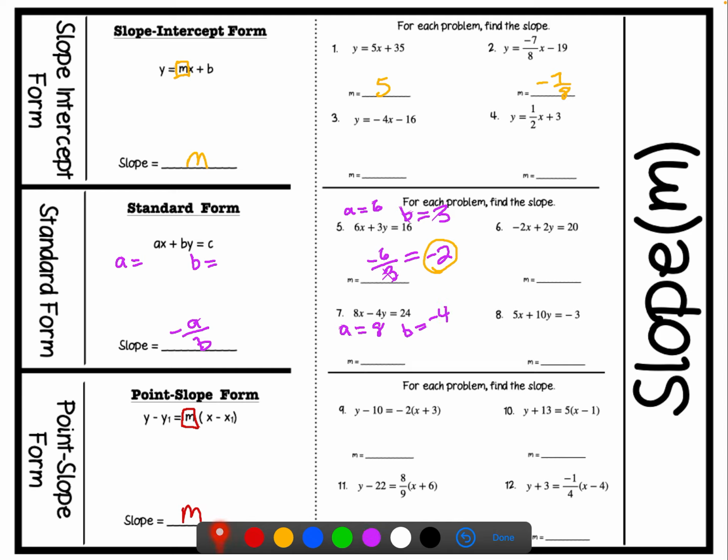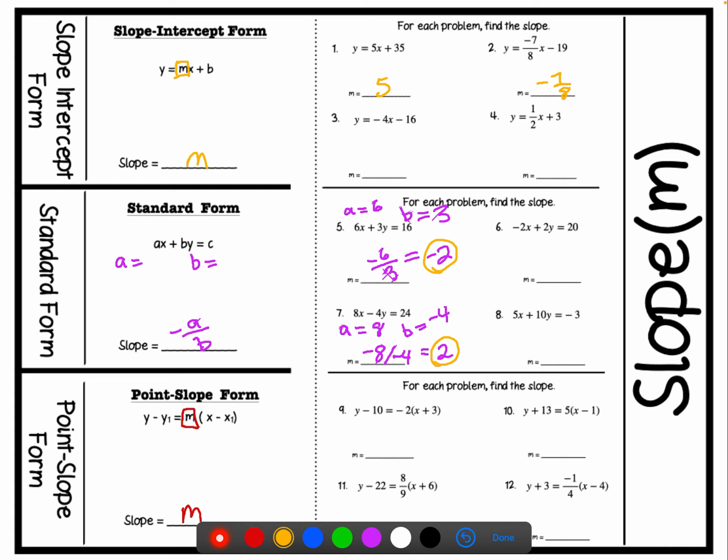And then we plug it into this formula, negative a divided by b. Since a is positive 8, the negative a would be negative 8. So we have negative 8 divided by our b, which is negative 4. And negative 8 divided by negative 4 is positive 2. So we have our slope for number 7.